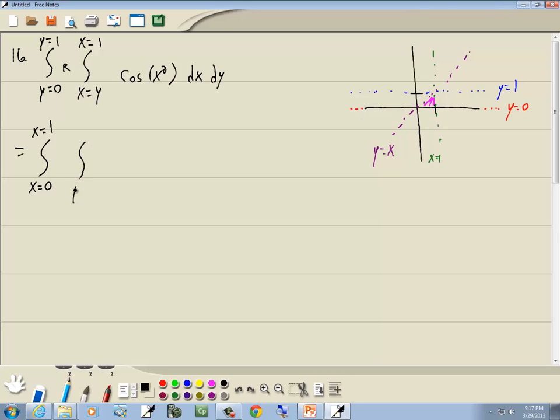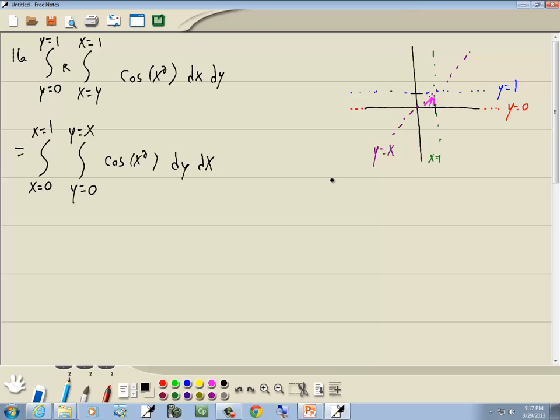In terms of our y values, the shaded region, this bottom one, is y is equal to 0. So it's going from y is equal to 0 to this top piece here, which is the purple line, which is y is equal to x. And then the function always remains as is, and then this becomes dy dx.